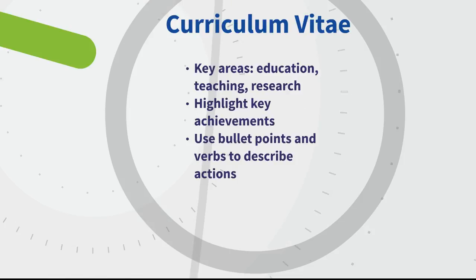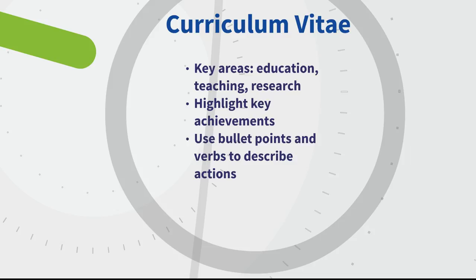The curriculum vitae is organized by modules that you can flip around. The key areas for you are your education, your teaching, your research, and the order of these will depend a lot on where you are in your career. Certainly early in your career, your education is very important.